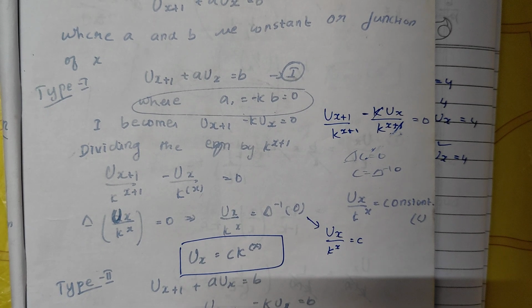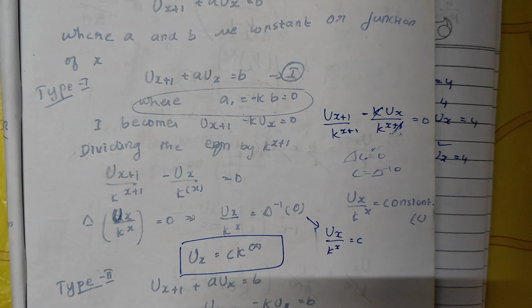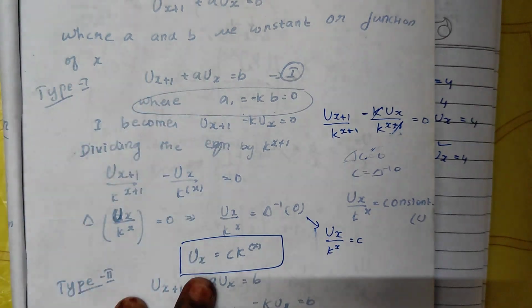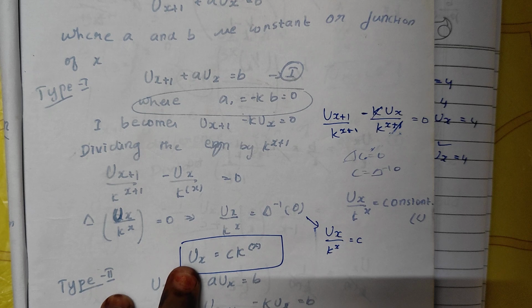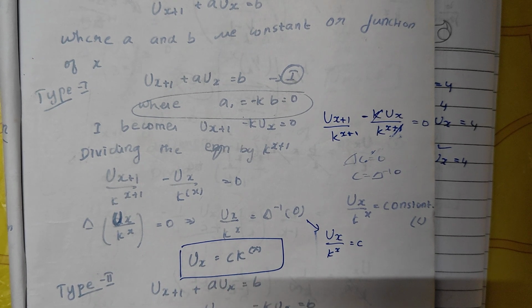So u x is equal to c into k power x will come. So this is the solution for type 1. For type 1, the constant will become 0, and the coefficient of u x will become minus k. If it is in this format, then you can write the solution as u x is equal to c into k power x.